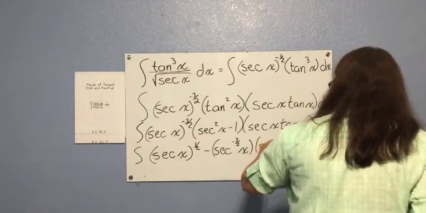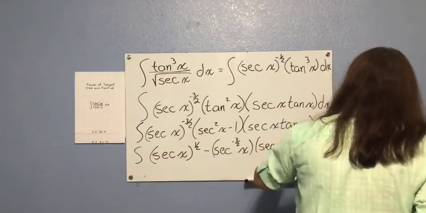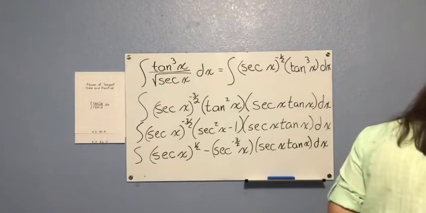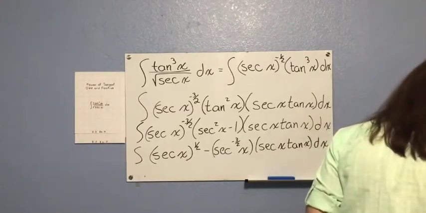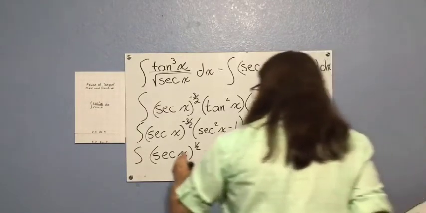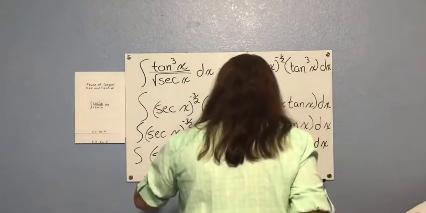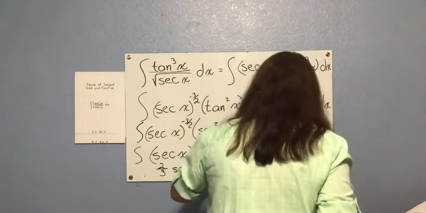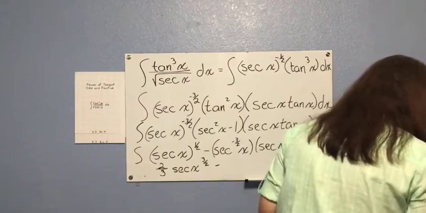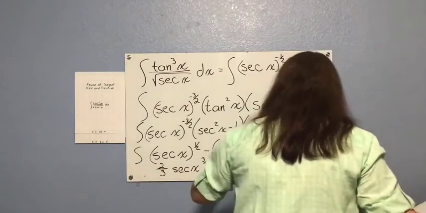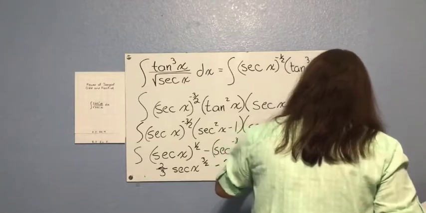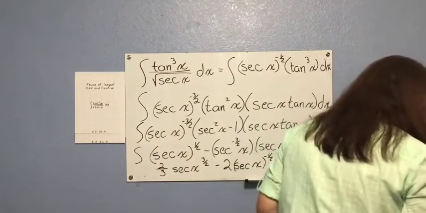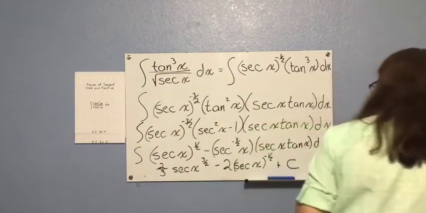And then I still have my secant tangent here. And now I'm ready to integrate. Gives me 2/3 secant x to the 3/2 power minus 2 secant x to the negative 1/2 power plus my constant.